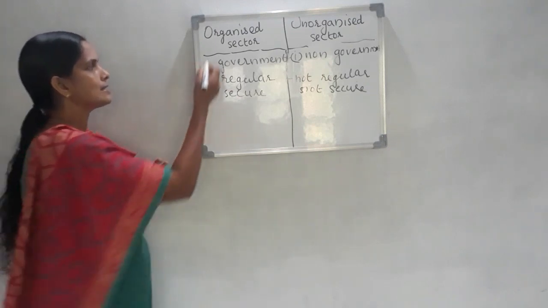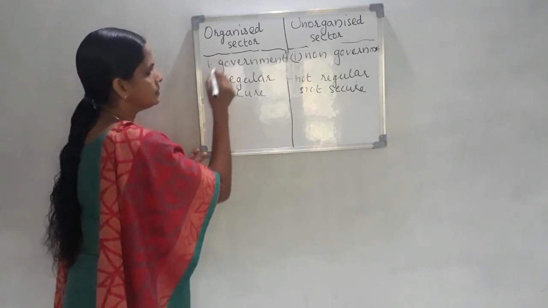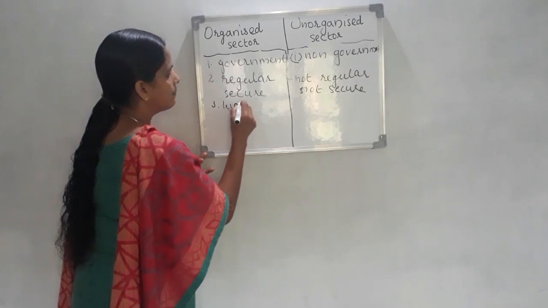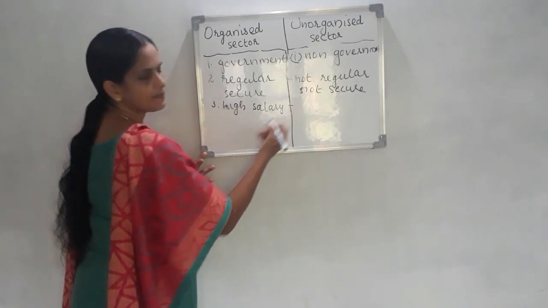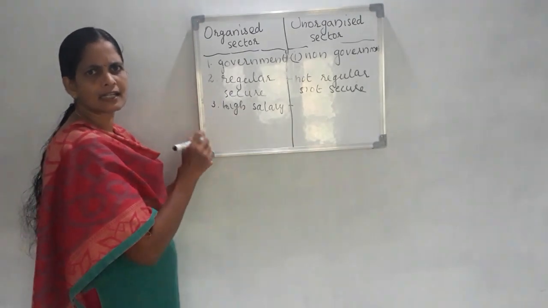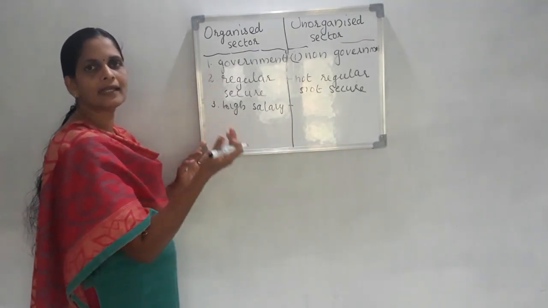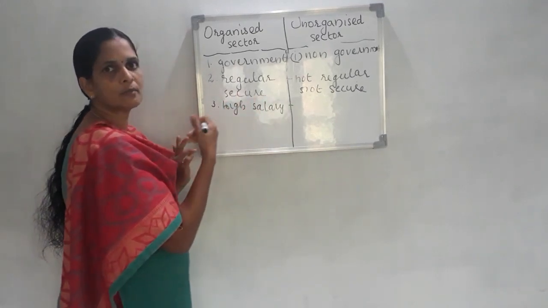The third point is about the organized sector, where the job is high paid. That means comparatively high salaries, high wages. In the governmental sector they follow the governmental order. That's why they give good salaries, as well as a good working atmosphere.